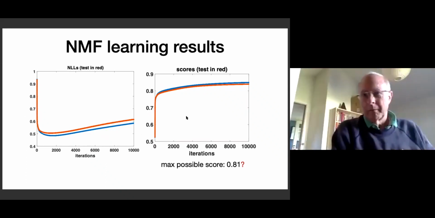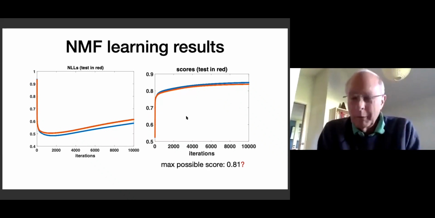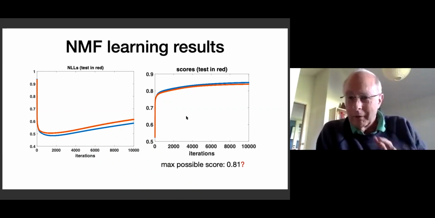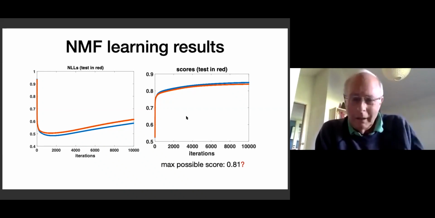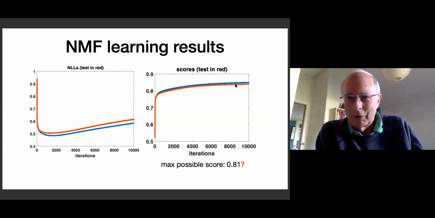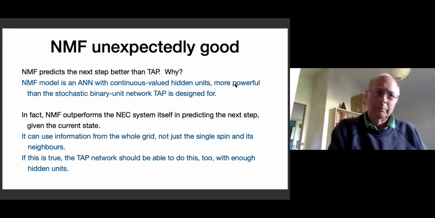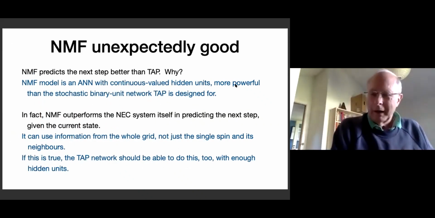Because of the time, I'll go through this quickly. We did the same calculations for the naive mean field theory, ignoring the TAP terms. The at first paradoxical thing is that the scores are actually better than they were for TAP. So what's happening? Well, I cheated.